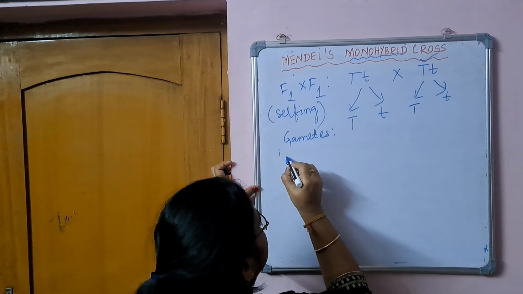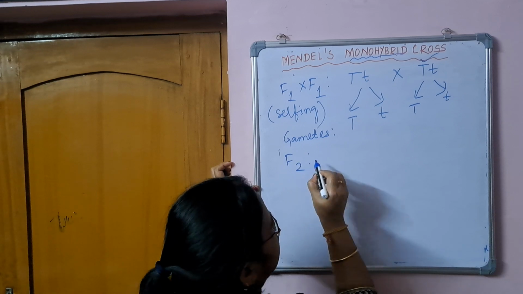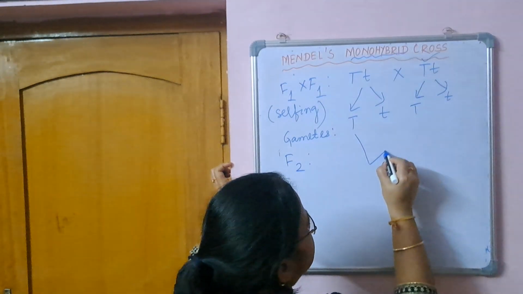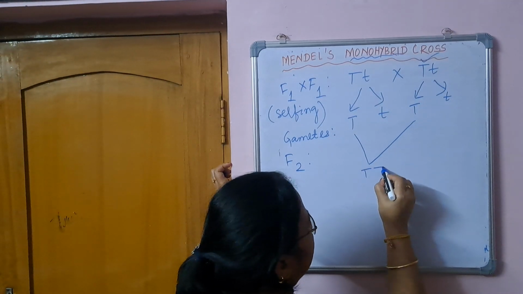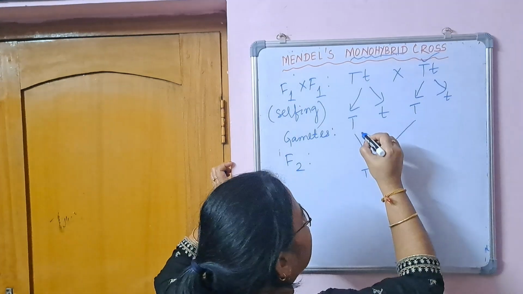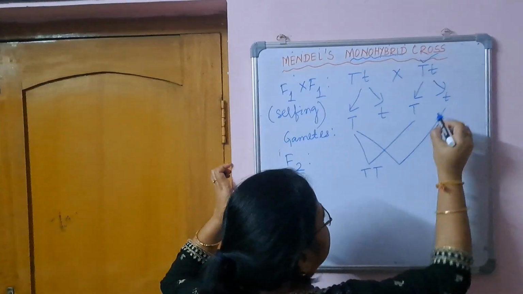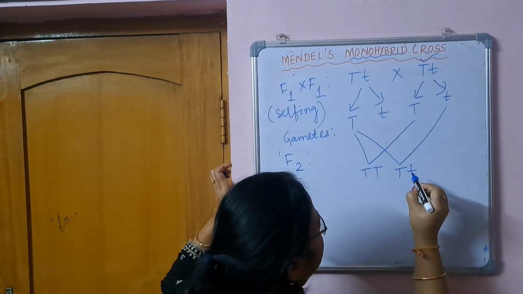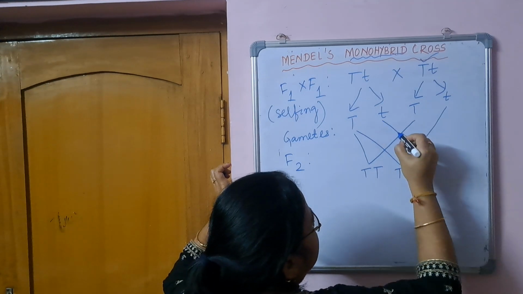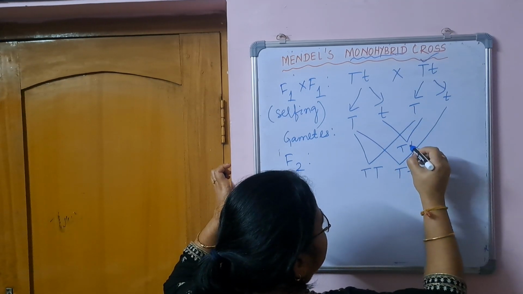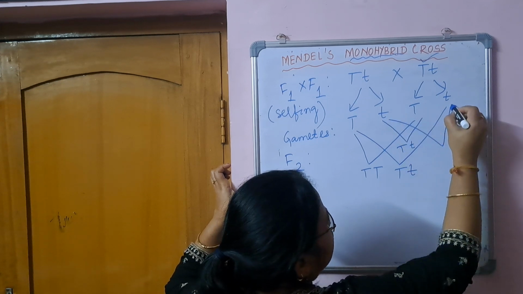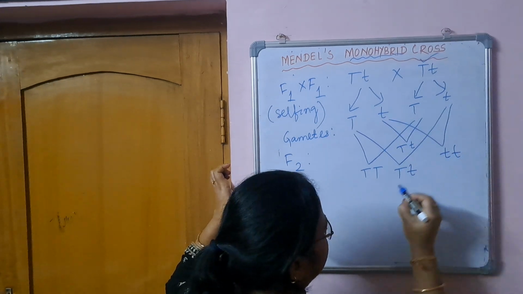Now let us go to F2. Here you see, when this T is crossed with this T, that will be capital T, capital T. This capital T with small t will be capital T small t. Now this to this it will be capital T small t, and this small t to small t will be small t small t.